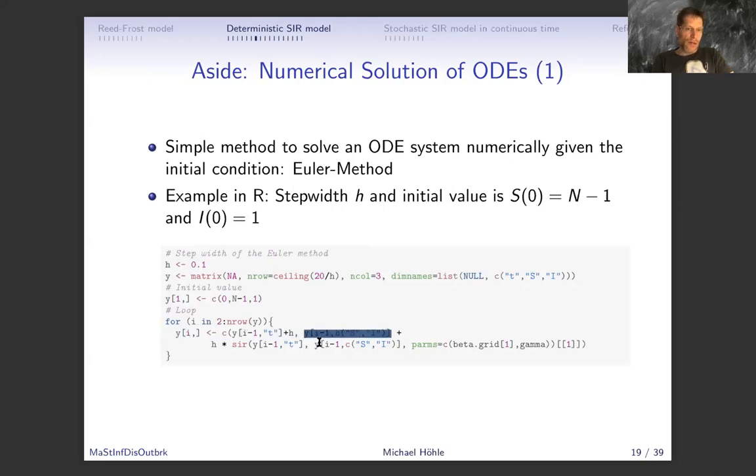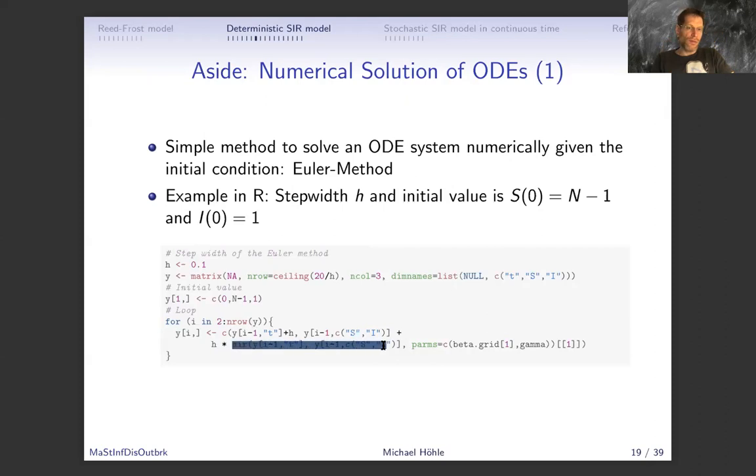Here, this is the old value for the S and I components plus the step width times the derivative. So this is a very simple, you could say, reverse Taylor method: you are at a particular point, you take the gradient, and then you follow your gradient for a certain step width. And you continue to do that.